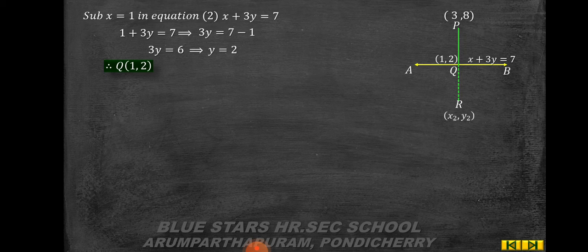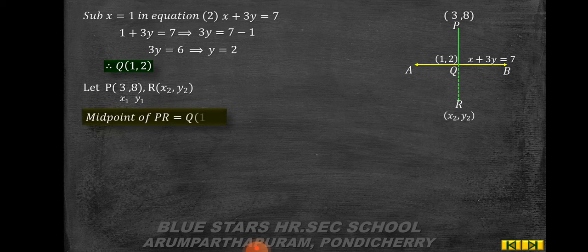Then we consider R as (x2, y2). Let P(3, 8) and R(x2, y2). Then the midpoint of PR is equal to Q(1, 2). So by using the midpoint formula, we just substitute the values. So ((3 + x2)/2, (8 + y2)/2) is equal to (1, 2).